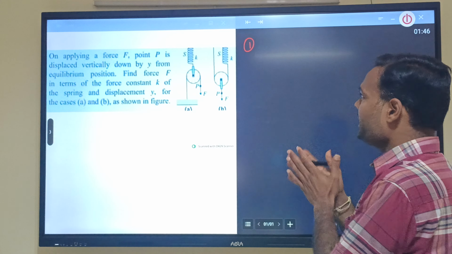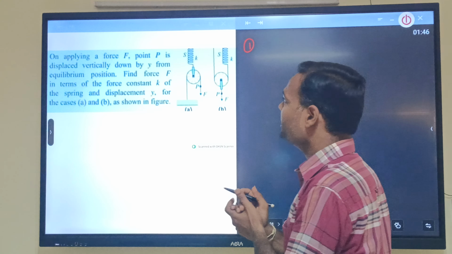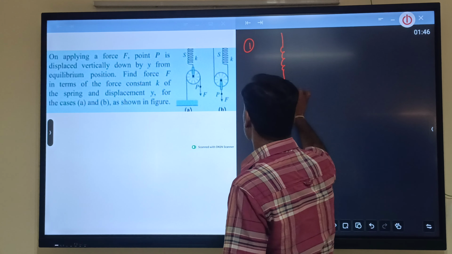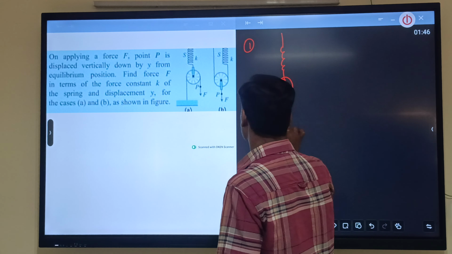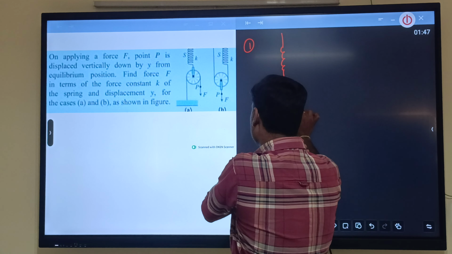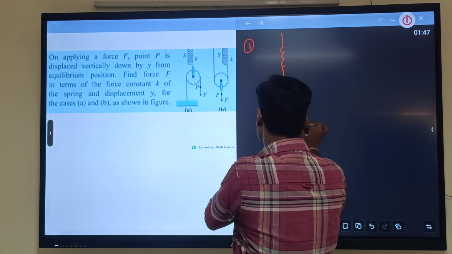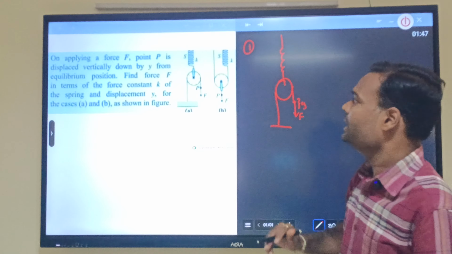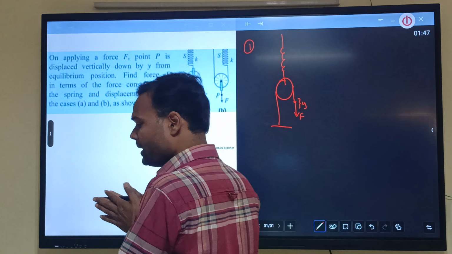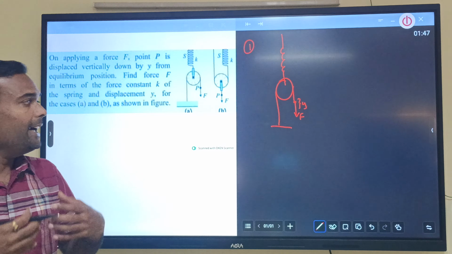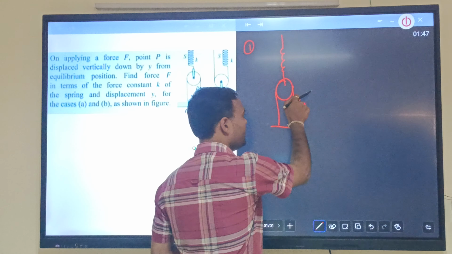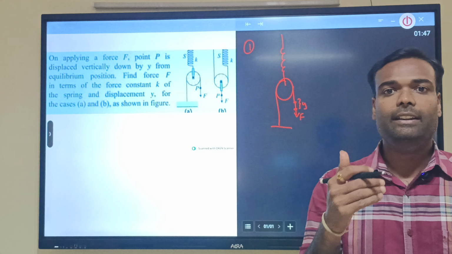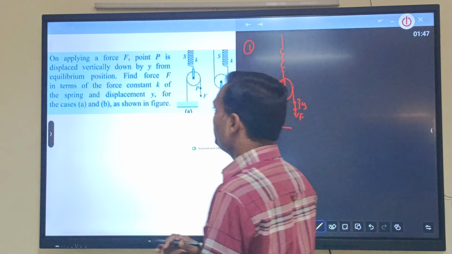On applying a force F, a point P is displaced vertically down by y. See here, a spring is present and a force is applied here. Because of the application of this force, it is displaced by a distance y from the equilibrium position.